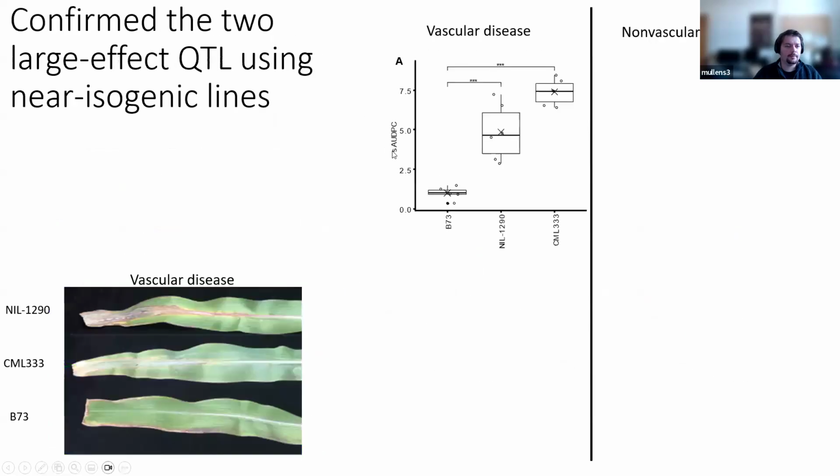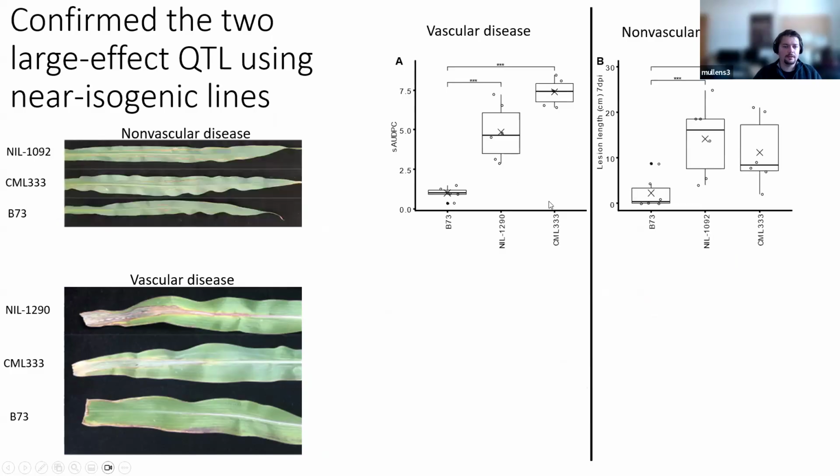I was able to confirm here, so these were cut inoculated, that NIL 1292 is the NIL that had a CML333 introgression at that chromosome 5 locus, and it was significantly more susceptible than B73 when you cut inoculated it. Similarly, NIL 1092 had an introgression on chromosome 4 and was also significantly more susceptible than B73, similar to what we see in CML333. You can see the qualitative images here.